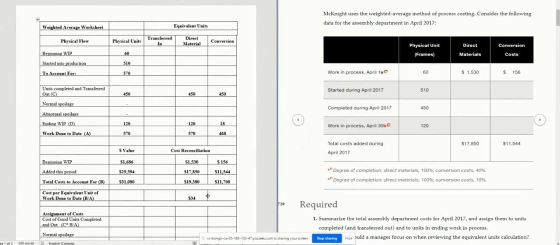Nice textbook example. And 11,700 divided by 468 gives me $25. Now, key thing to notice, I'm going to add these across and get $59, right?